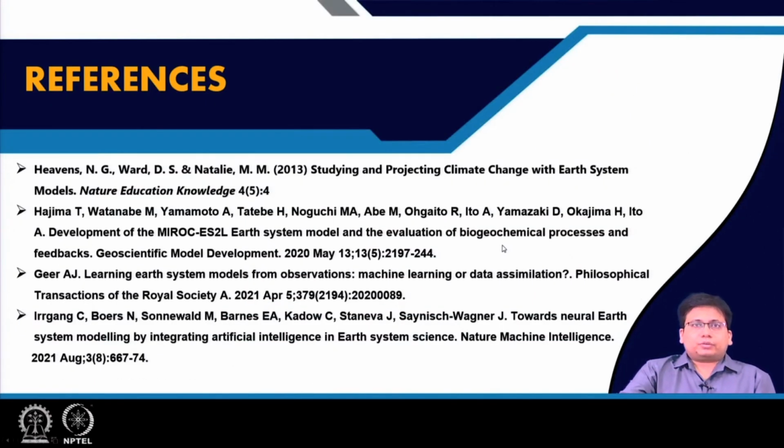These are a few relevant papers: some of them give examples of Earth system models, and some give an idea about how machine learning can help in these models. Even 3-4 years earlier, Earth scientists were not particularly keen on this matter, but for the last few years a realization has been coming to Earth system scientists that machine learning can not only help but perhaps even take over the way they have been building Earth system models.